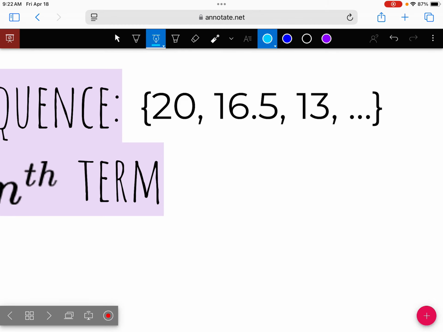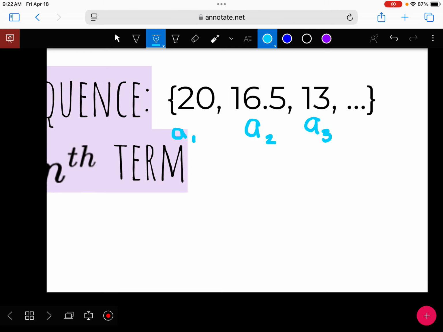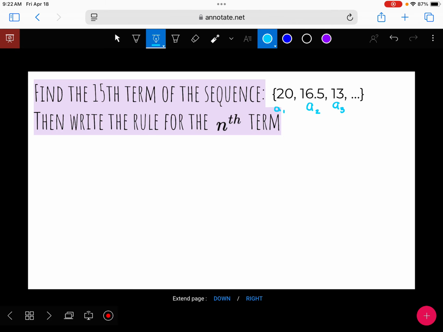So we're given a sequence. This is our a sub 1. This is our a sub 2. This is our a sub 3. We're trying to find the 15th term, meaning I want to find a sub 15. We also are going to get an equation for a sub n.